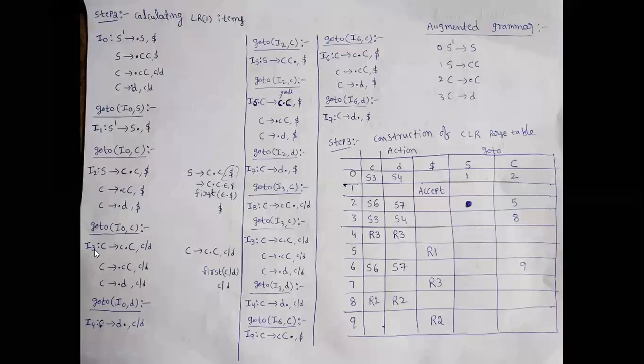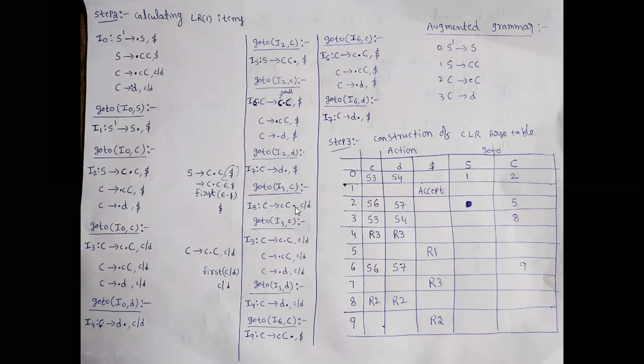Then applying go to of I3 comma capital C. So here this dot is moving one position to the right. Then C is production with small c capital C dot, and c or d is the look ahead.